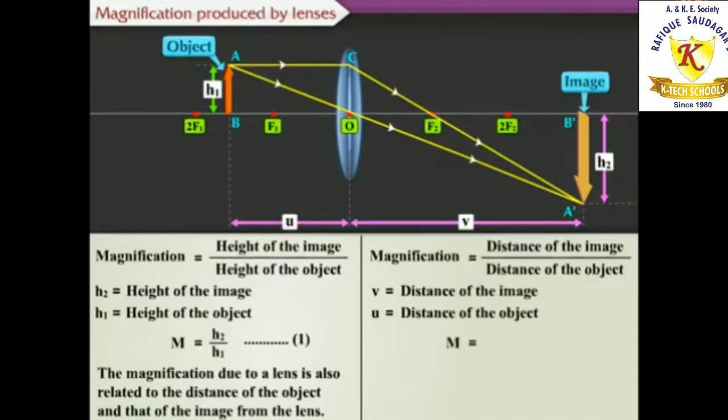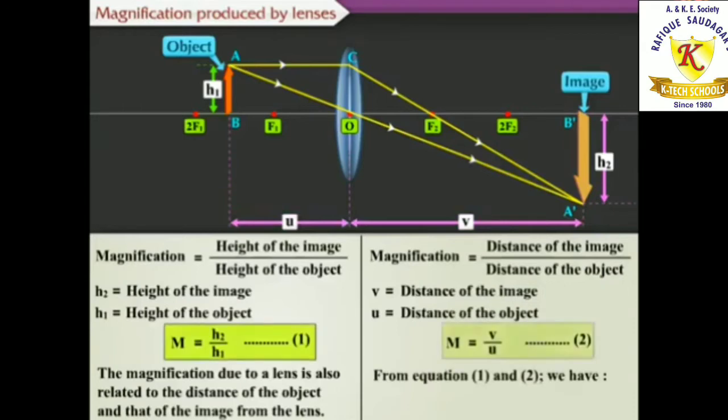Let this be equation number 2. So from equation 1 and equation 2, we have m is equal to h2 upon h1 is equal to v upon u. Understood, children?